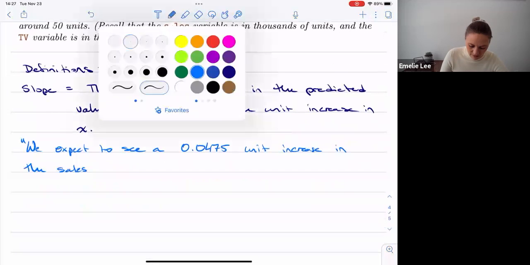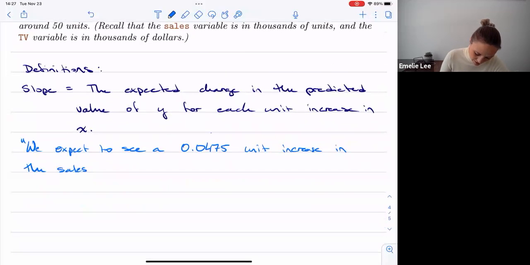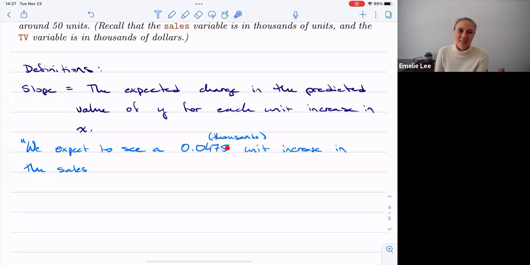But this is in thousands, just as a reminder. So before you publish, you would have to multiply it by 1,000. So it's $475 in the sales for each unit increase in TV advertising, which is the budget for the TV advertising.